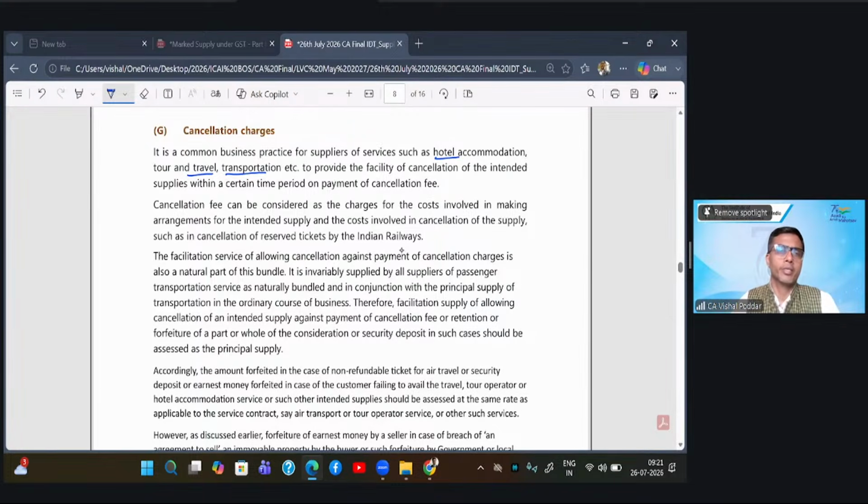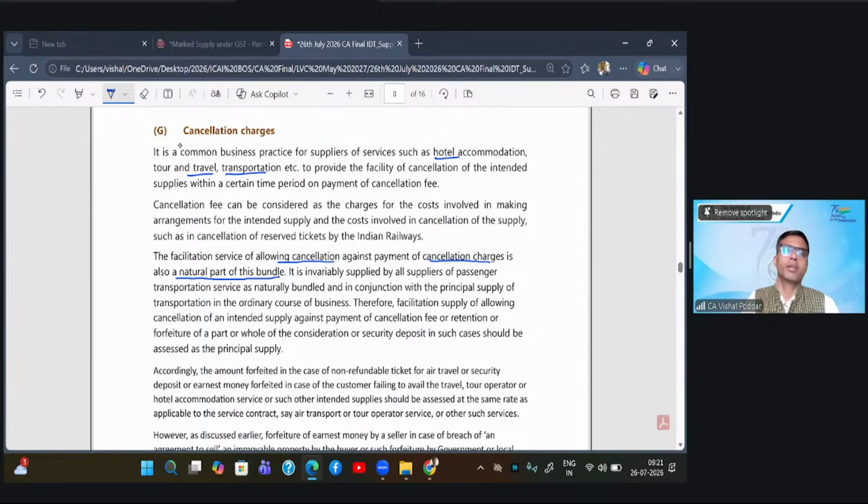So here again they are saying, don't treat cancellation as an independent supply. It is similar to our previous point of late payment. So here you have cancelled it, and this facility, the facility allowing cancellation against the payment of cancellation charges, is nothing but a part of the original supply. So it is like another facility, like how I have given you the facility that you can come and stay in my hotel.